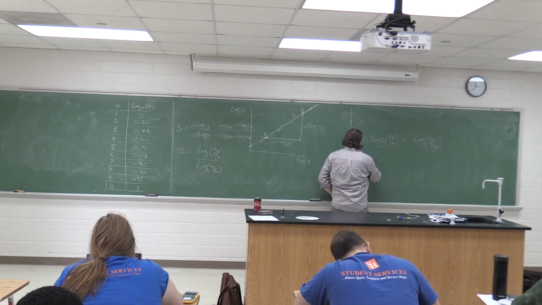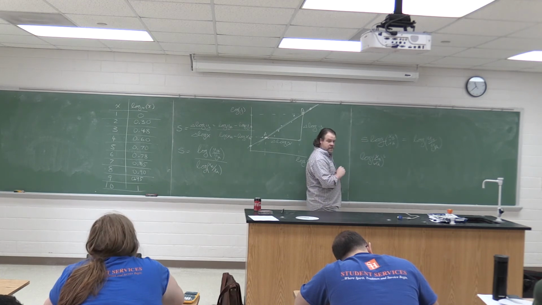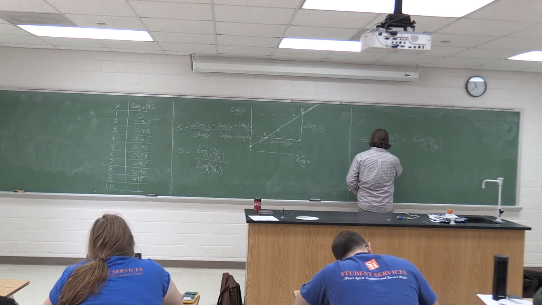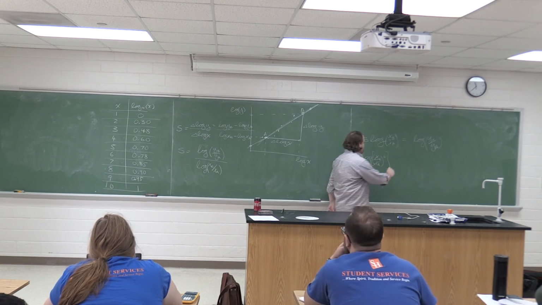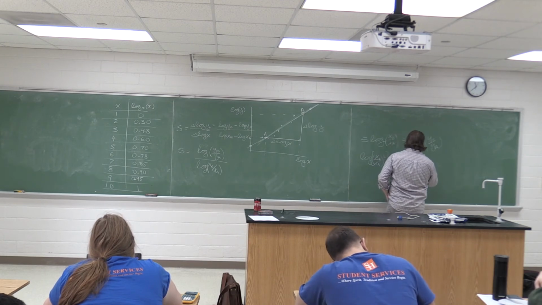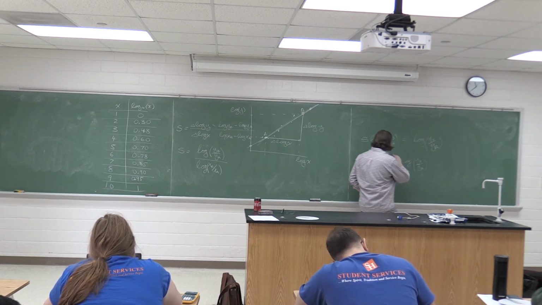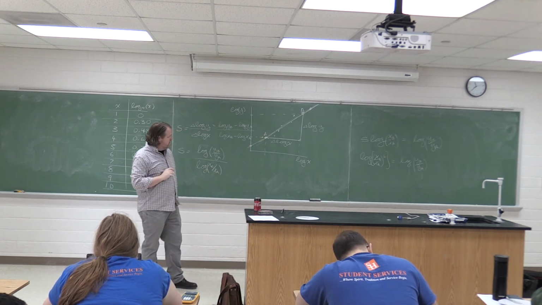So I've got log of XB over XA, the thing inside the log, up to the power S, is log YB over YA. So I've got log of something equals log of something. What can I do next?